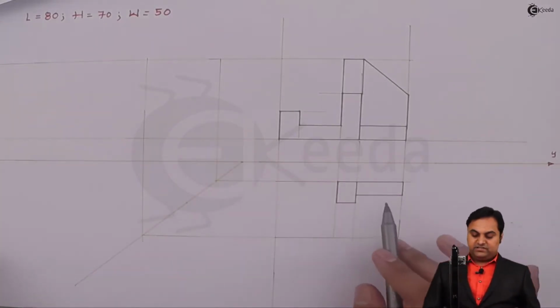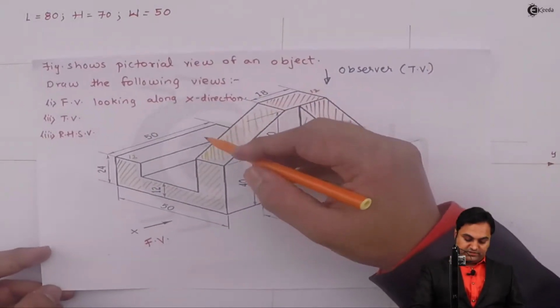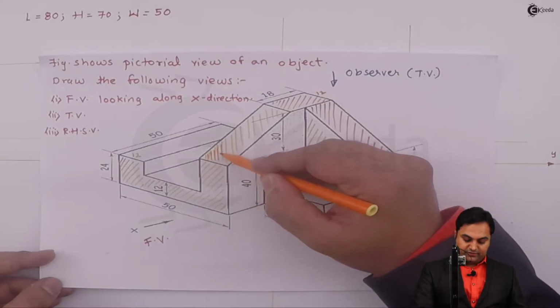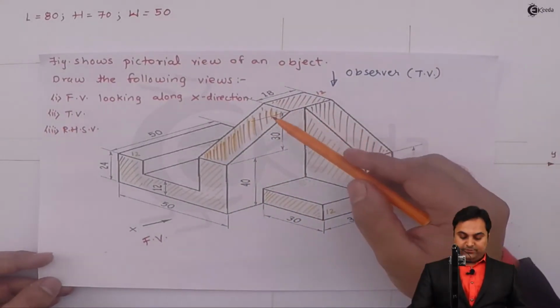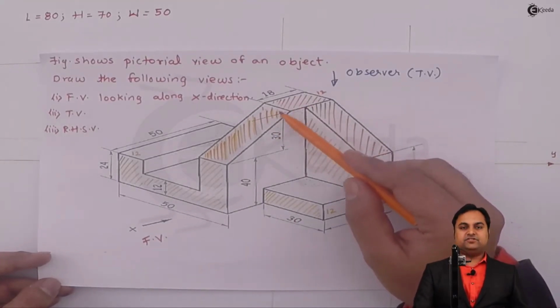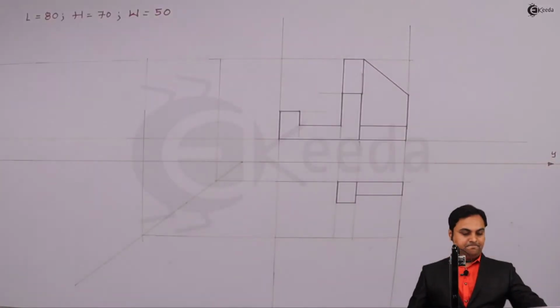So these two rectangles are visible from the top. Even this inclined rectangle is visible from the top. And here between these two rectangles, as there is change of plane, there will be a dark line.